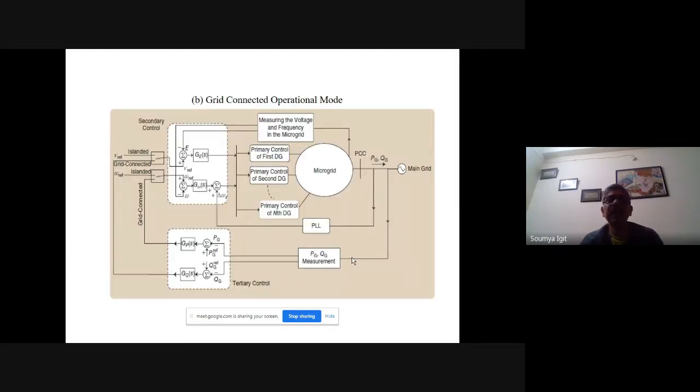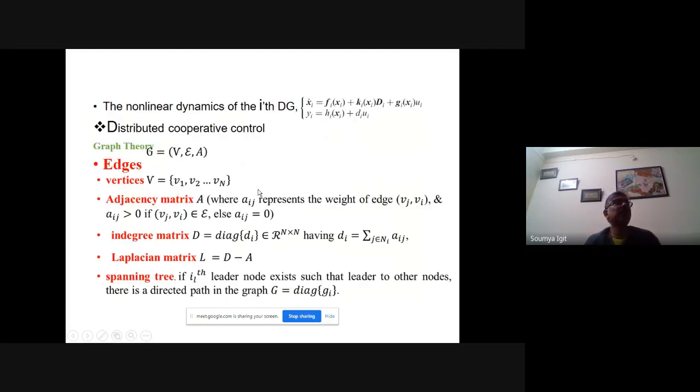It works fine both in the grid connected mode and in the islanded mode, and in how the different DGs interact with each other for voltage and frequency control, and with respect to the grid connected, islanded, and the transfer of power also, that is taken into consideration in a tertiary manner. So there you go for the graph theory topology, you evaluate the A matrices, Laplacian matrix, the spanning tree, and the consensus tracking error.